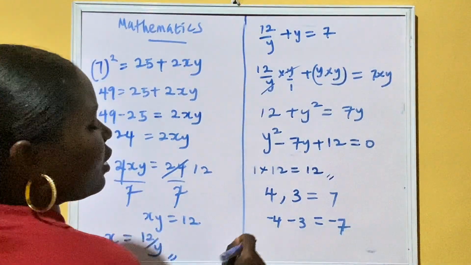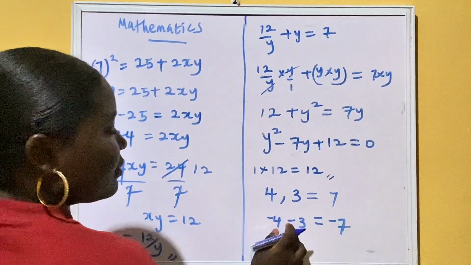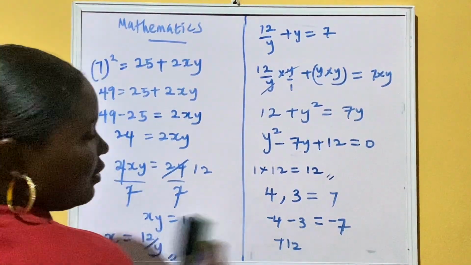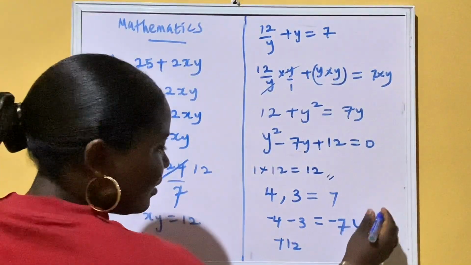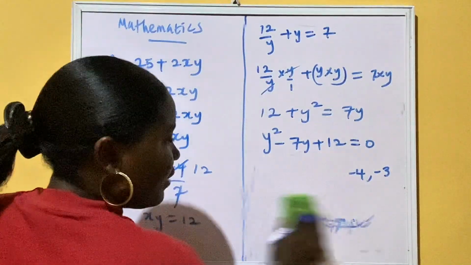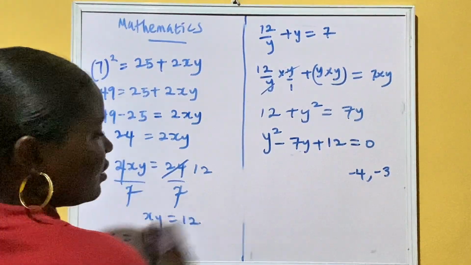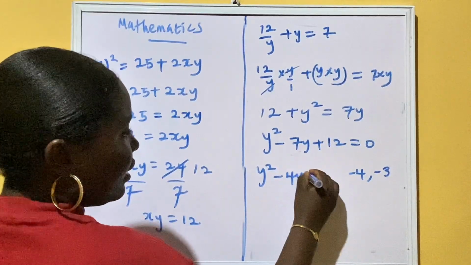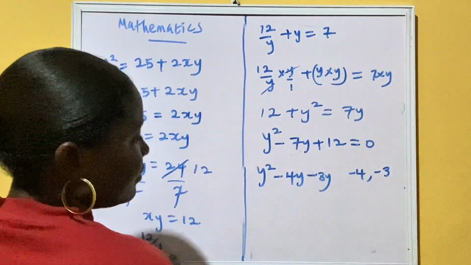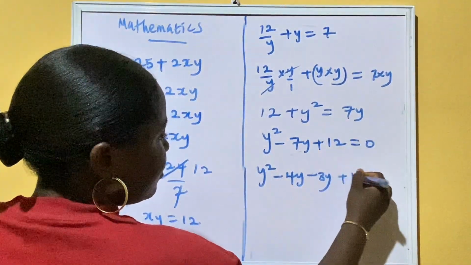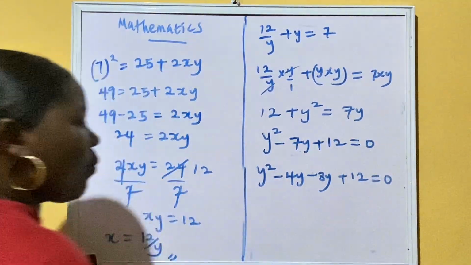Now if I multiply these together, minus times minus is plus, 4 times 3 is 12. So the factors that I'll go with are minus 4 and minus 3. So let me factorize now. This will give me y squared minus 4y minus 3y plus 12 is equal to 0.